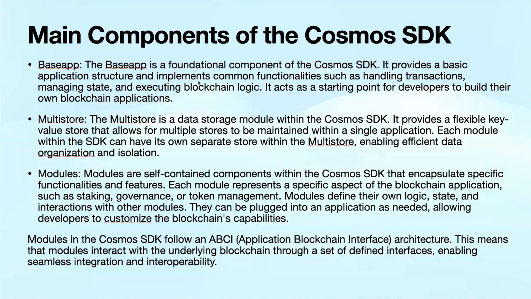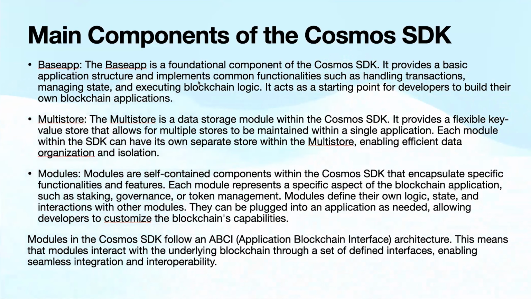So base app is a very foundational component of Cosmos SDK. Think of it like it's your gatekeeper. Every logic that gets implemented is handled by the base app, and base app has a very important functionality of handling transactions. Now, I told you I'll be explaining transactions, but I'll be going back to a developer doc and showing you there how and what transactions are.